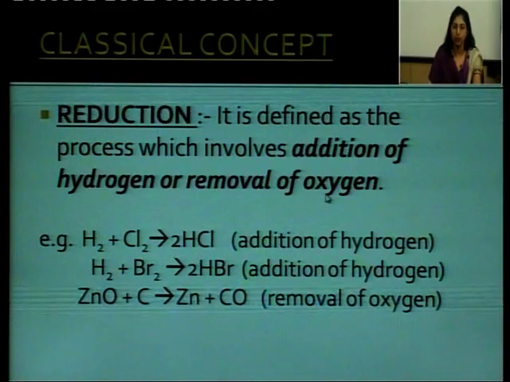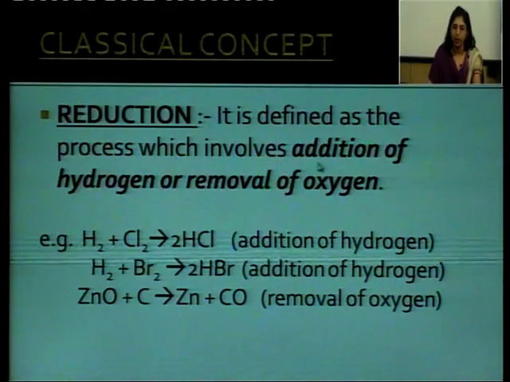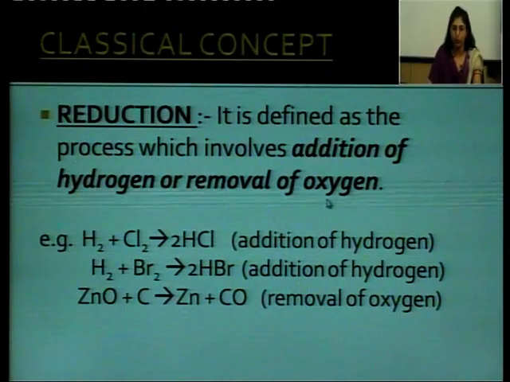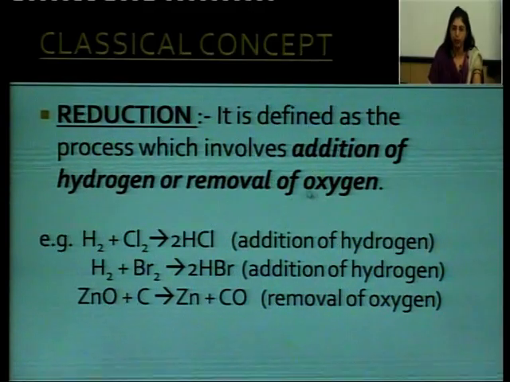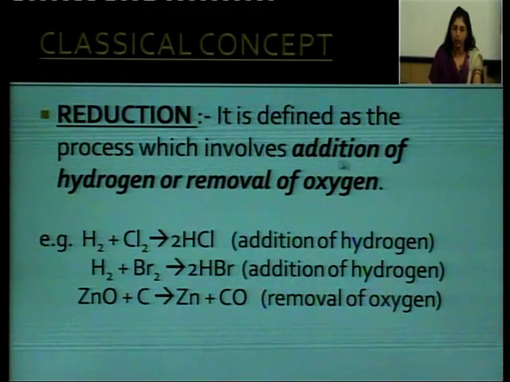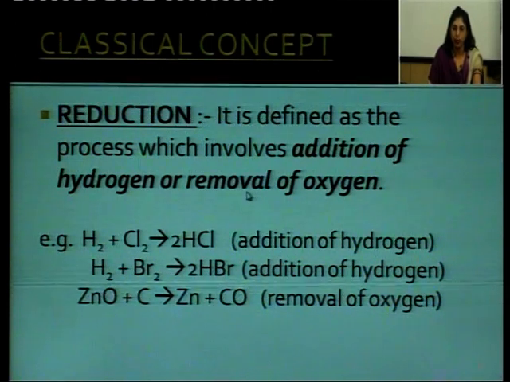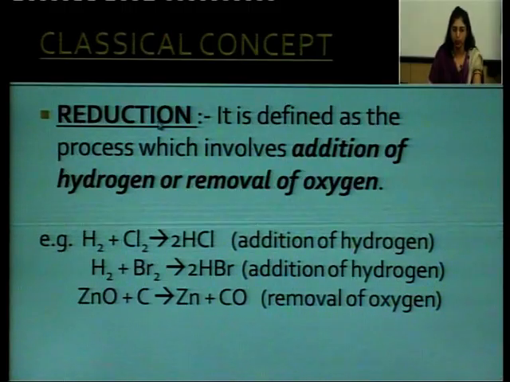That means, it is just the reverse of oxidation. There we studied addition of oxygen or removal of hydrogen, but here there is a reverse case, that is hydrogen is added or oxygen is removed from a substance, then it is known as the process of reduction.